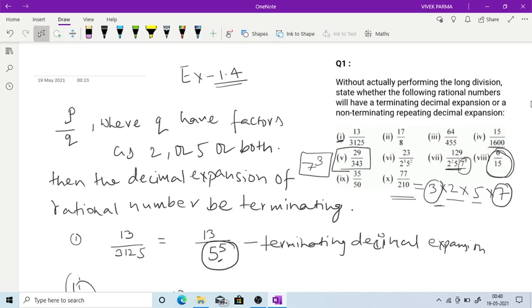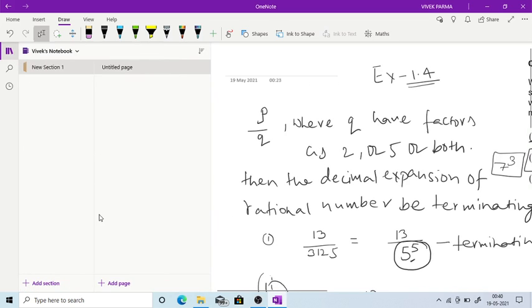It means the decimal expansion of the rational number will be terminating. If you have numbers other than 2, 5, then the decimal expansion will be non-terminating repeating, right? Let's move to the next question.